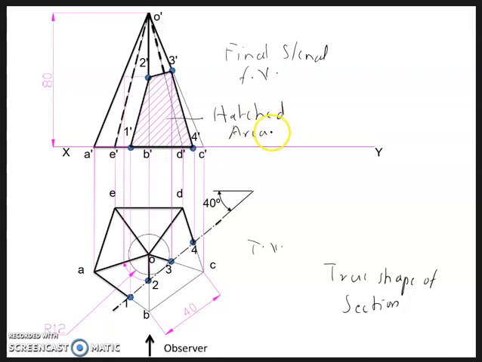Okay, what is the true shape? Okay. So to construct the true shape, what we need to do is we need to make this section plane parallel to XY. Okay.